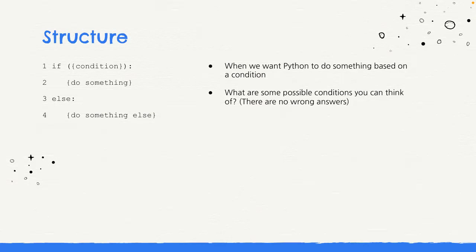So can anyone tell me any possible conditions you can think of? Like anything that you might want to put in an if statement. And there are no wrong answers. Yeah. So in your if statements, it's always going to be a Boolean statement in there as your condition.